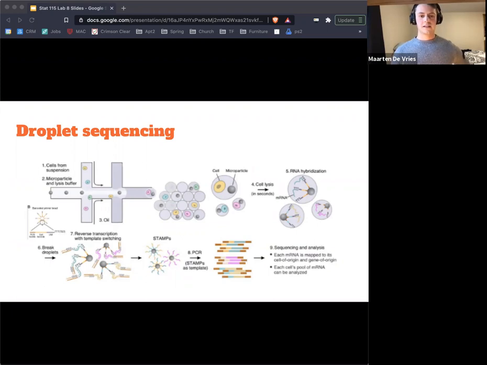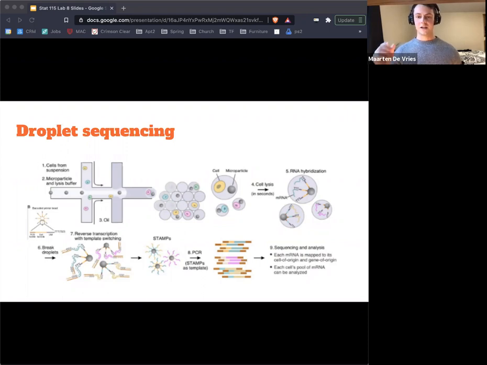And the details don't matter so much, but the important takeaway here is that we have a barcode added to all the transcripts from a single cell. And the goal of the barcode is to later identify which cell the transcript is coming from, right? So hence, from which individual cell each transcript comes.